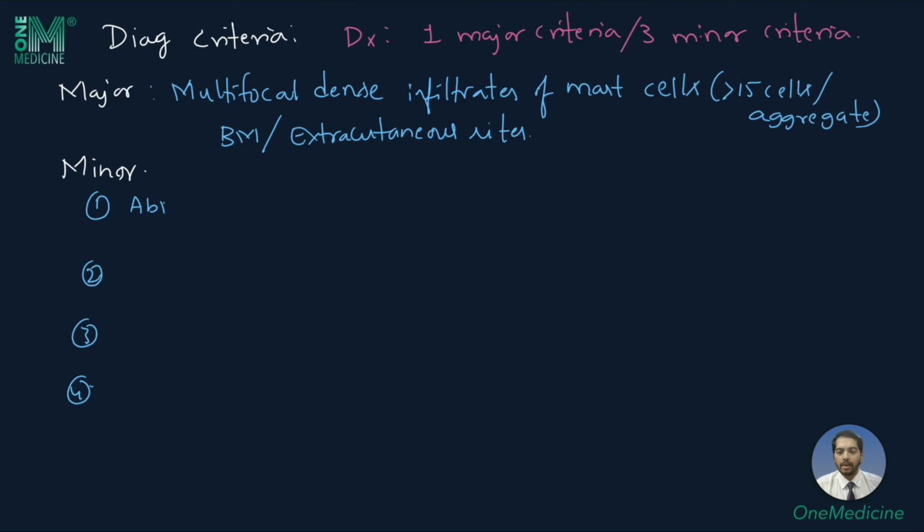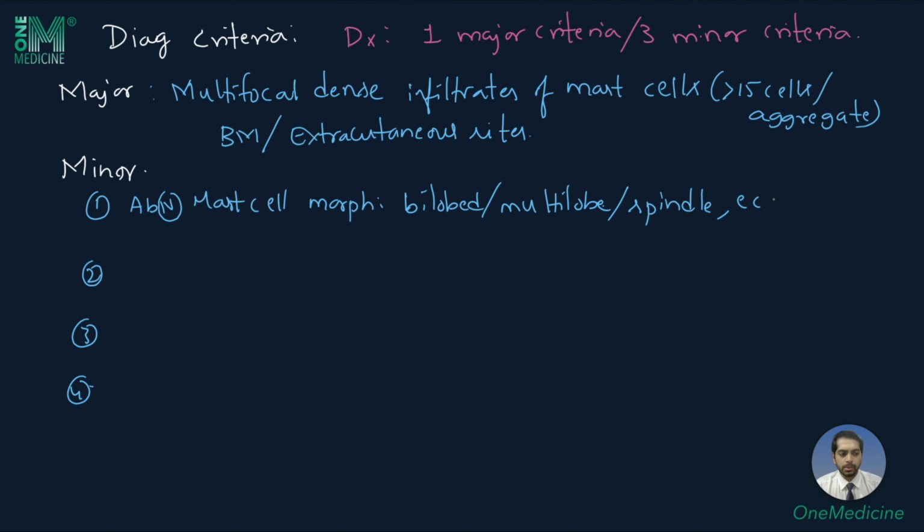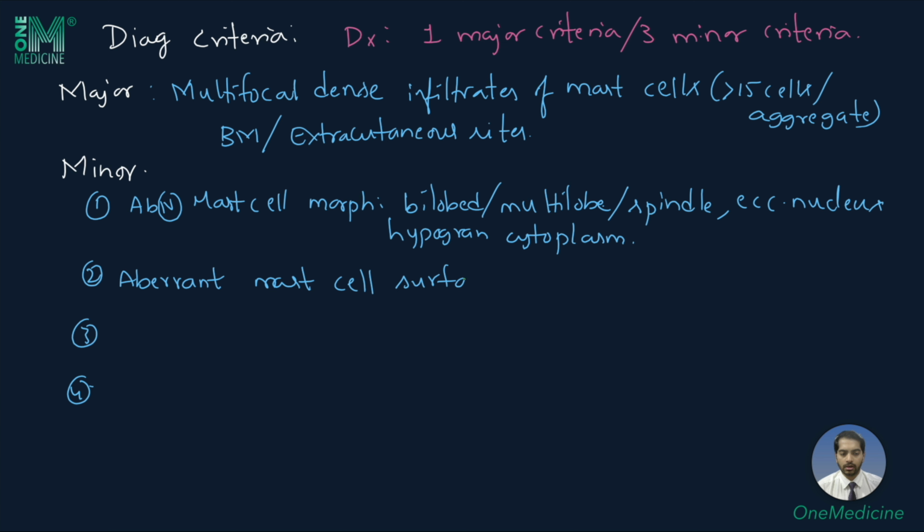The first one being abnormal mast cell morphology with cells such as bilobed or multilobed cells or spindle shaped cells, cells with eccentric nucleus or hypogranulated cytoplasm. The second minor criteria is aberrant mast cell surface phenotype with expression of CD25, that is interleukin 2 receptor alpha chain, or cell may have CD2 expression.